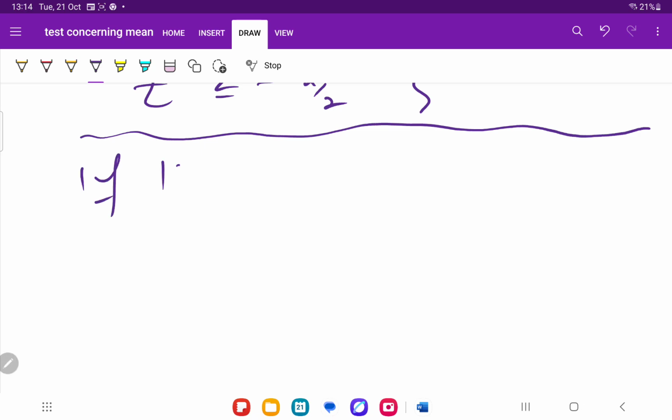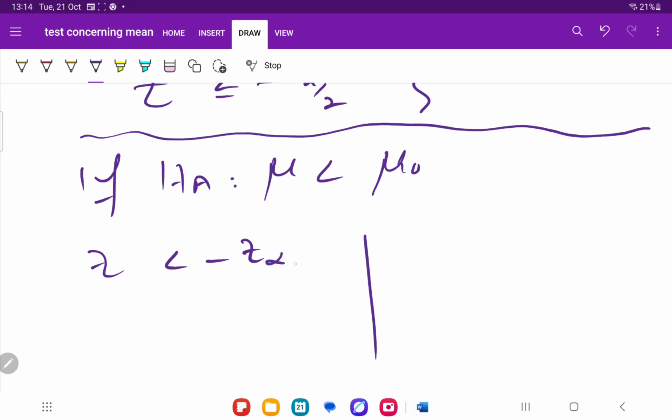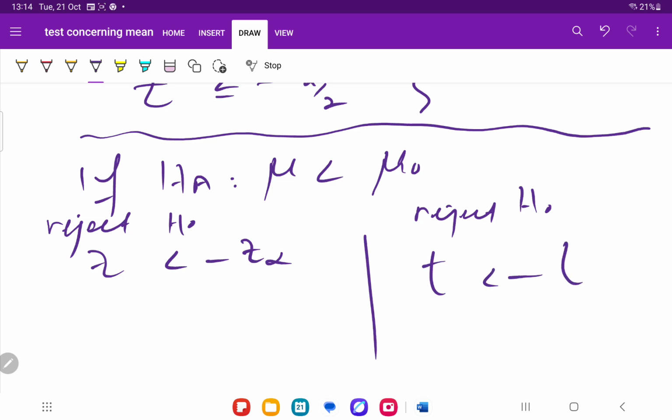If your alternative is mu less than mu naught, in both cases reject H naught if Z is less than minus Z alpha, and for the T test if T is less than minus T alpha.